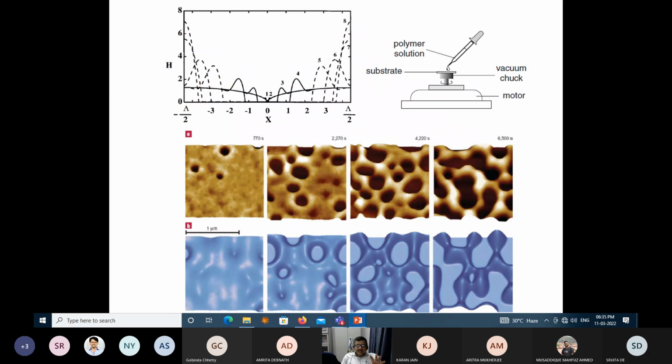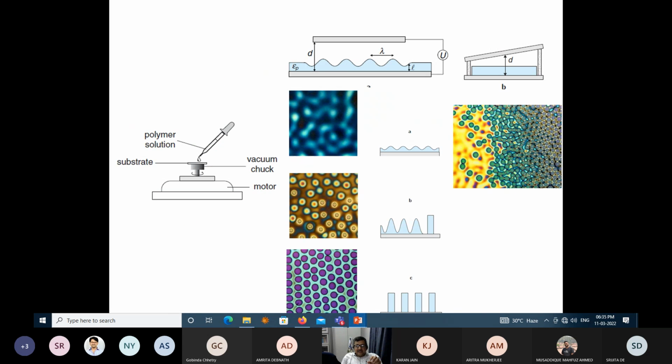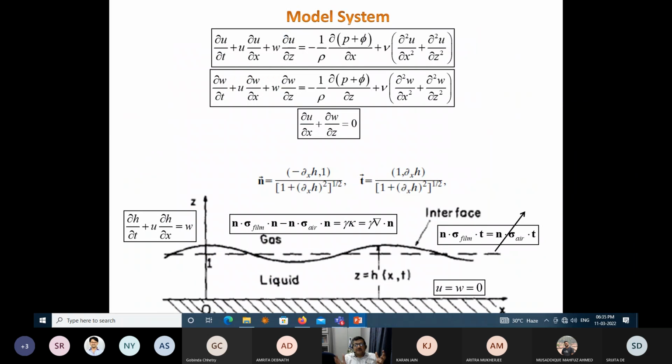In this situation, it is the van der Waals forces. In this situation, it is the electric field. It can be any force. It can be a body force, gravitational force, magnetic field, electric field, or van der Waals forces. You can bring in any description here for this phi. You just add it like that, and then you develop the formulation.